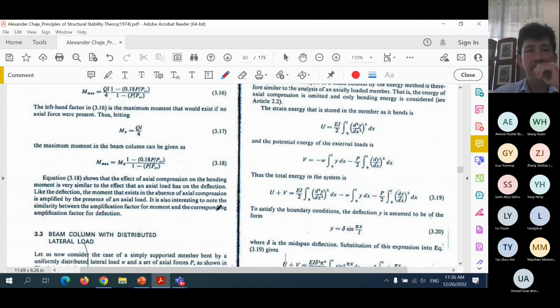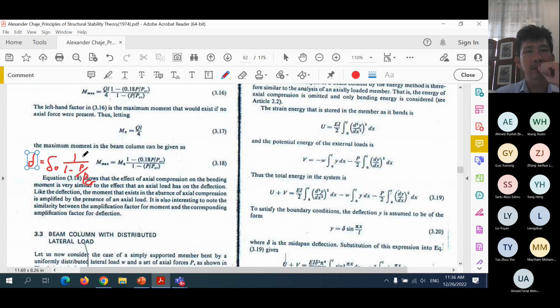Again, we see here this 1 minus 0.18 P over P critical over 1 minus P over P critical, if you compare with the delta, which is equal to delta 0 times 1 over 1 minus P over P critical. You can find a very similar pattern of expressions here.